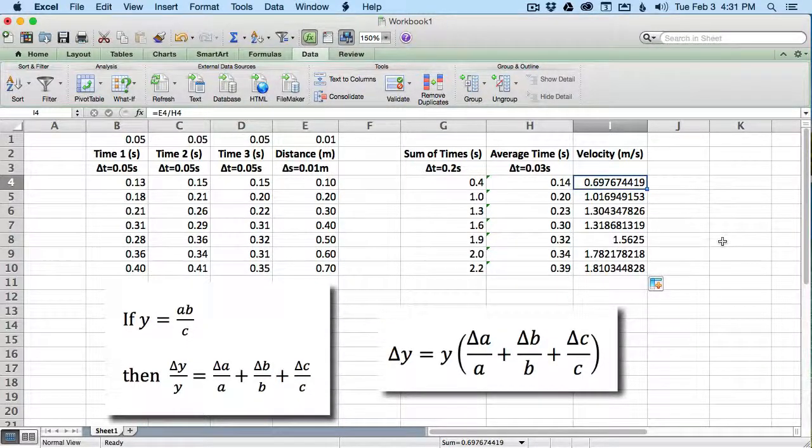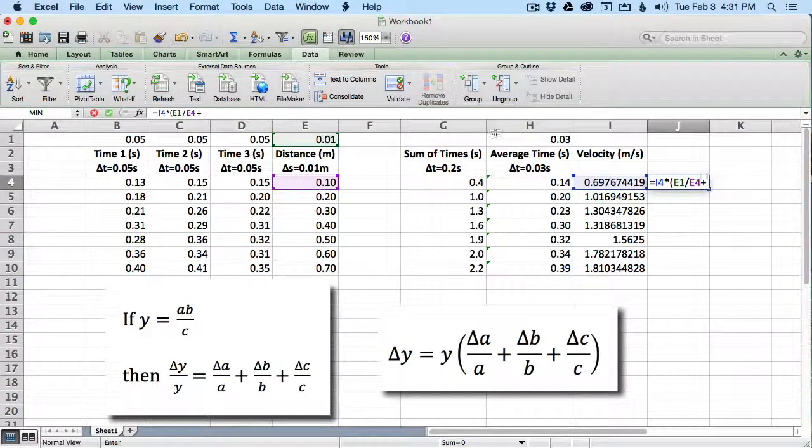Now, to do this, we're going to, again, add the uncertainties above. That's just going to help us out a little bit. And I'm going to start an equation. So remember our equation. We want to first take the velocity multiplied by, and I'll open a parenthesis here, the uncertainty of the distance divided by the distance. And I'm going to add the uncertainty of the time.